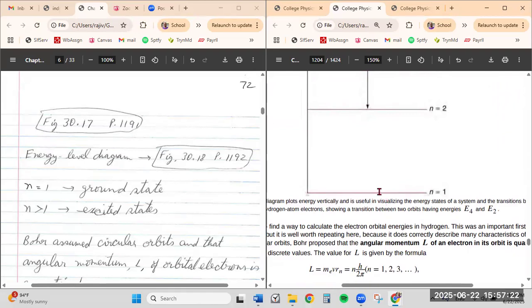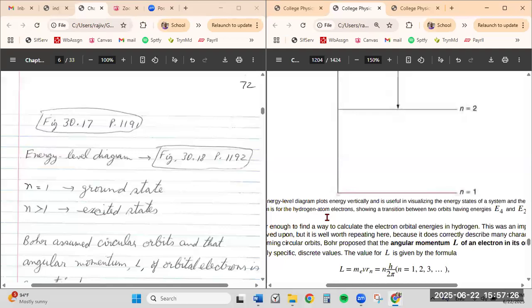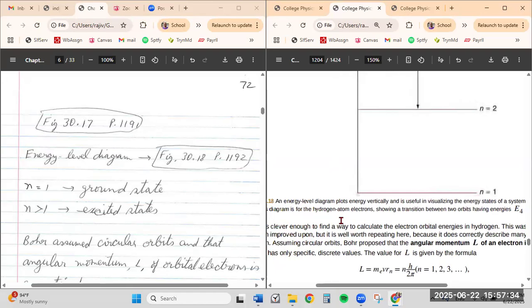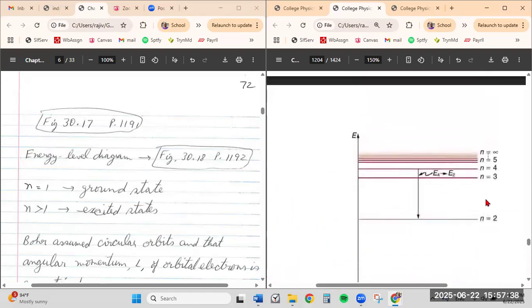This is called the ground state of the atom. Under normal circumstances, atoms are always in the ground state, the lowest possible energy state. And then there are possible higher energy states, n equals 2, 3, 4, etc. These are called excited states.